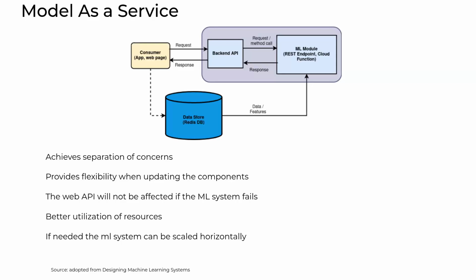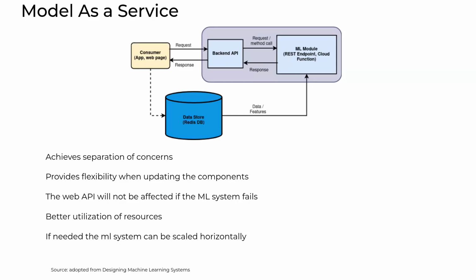And this provides us the opportunity to do horizontal scaling of the machine learning module. Horizontal scaling means you are not increasing the compute power in individual nodes, but you can add multiple of these machine learning modules.